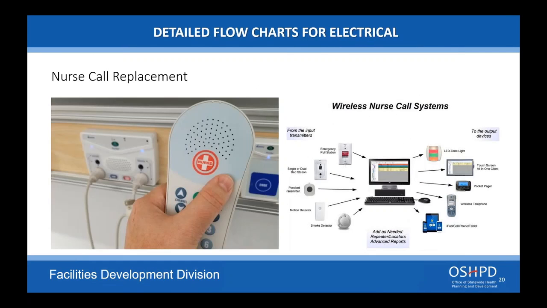So let's look at some examples for electrical. Replacing a nurse call system. Basically, that's your scope. You only have to replace the nurse call head end, the control unit, and possibly the patient and the annunciator stations that are provided.